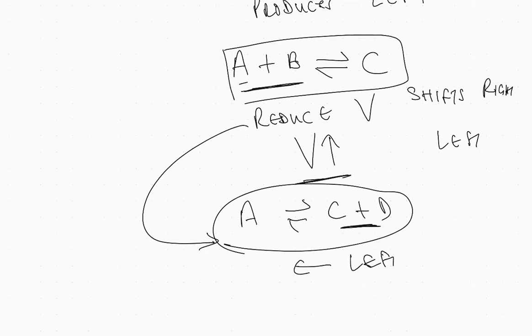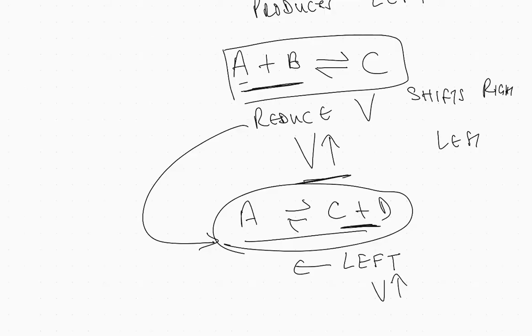Now if you increase the volume, because you can produce C and D easily, the reaction shifts to the right. So it depends on the scenario.